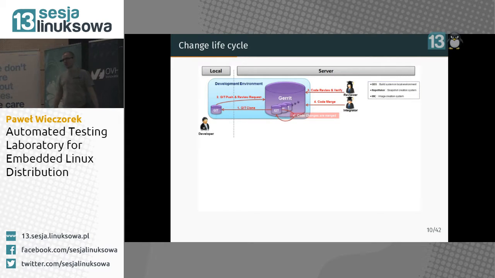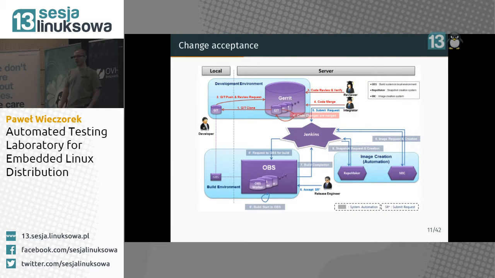For release engineers, it's a little bit more complicated. Integrator, from our point of view, has one more responsibility. Once there is a need to submit some new changes from the Git repository to actual repositories for the Linux distribution, integrator creates a submit request to include new changes into packages which are then deployed to proper systems.